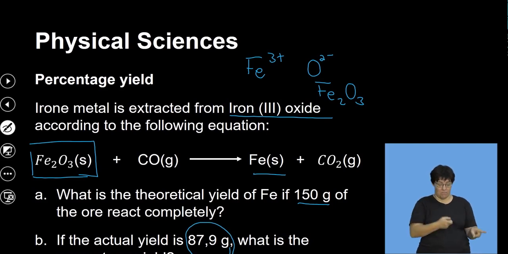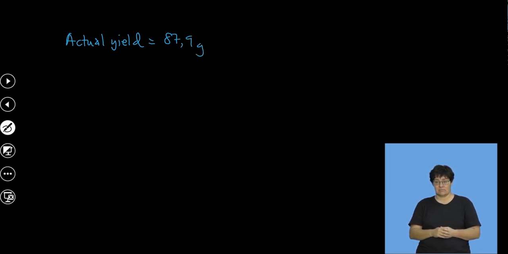So we have 87.9 as the actual yield, which is equal to 87.9 grams. And the theoretical yield is what we calculated.